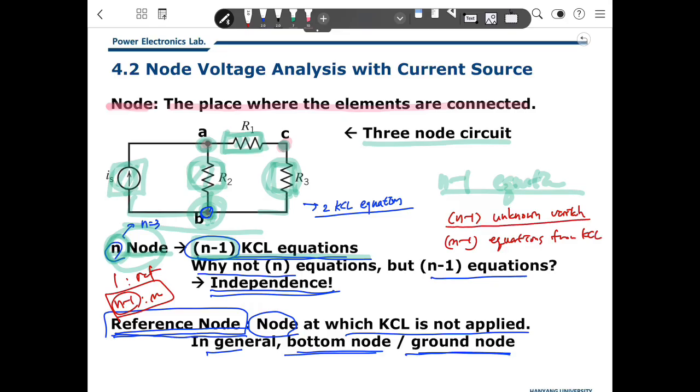With n minus 1 variables and n minus 1 equations, we can solve these conditions. There is a way to make the equations from the electric circuit. That is the node equation.